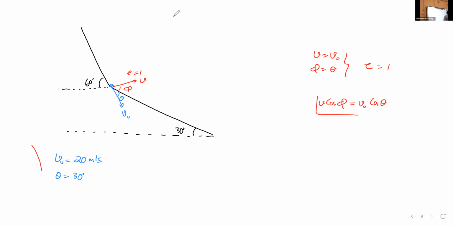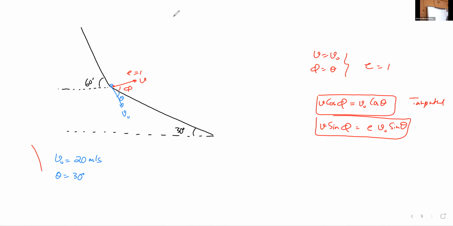And V sin phi should be E times V naught sin theta. Here sin and cos are interchanged because the angle is with respect to the tangent to the surface, not the normal. This is the general equation, conservation of tangential momentum, and this is the concept of E, separation over approach velocity. When we take E equal to 0, we get the special case.